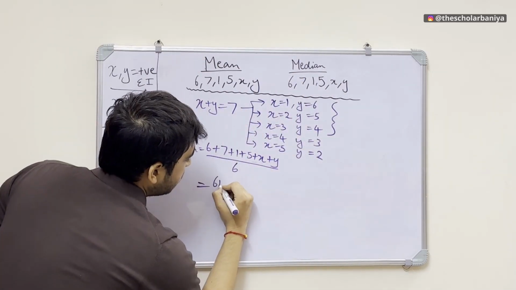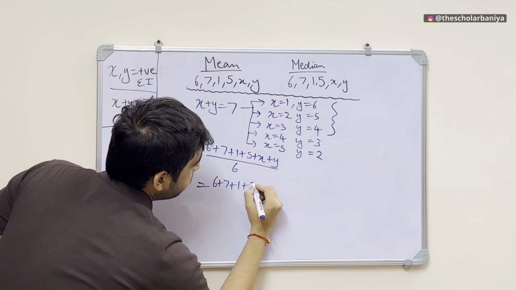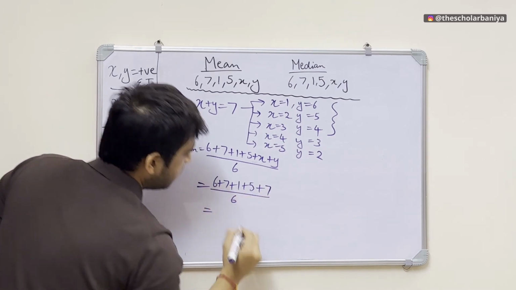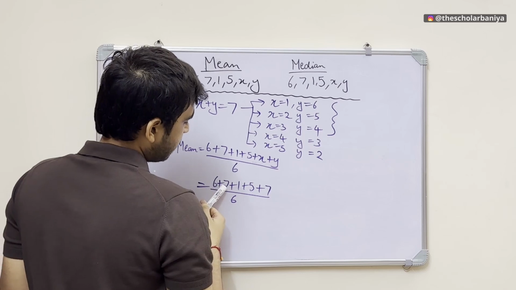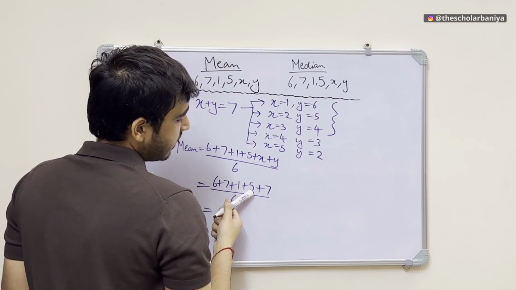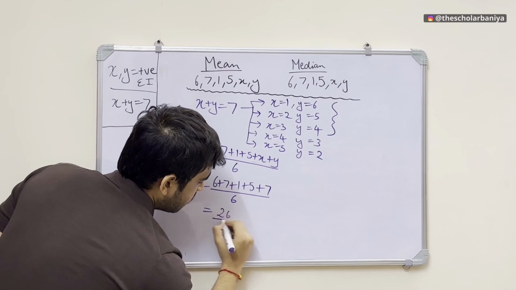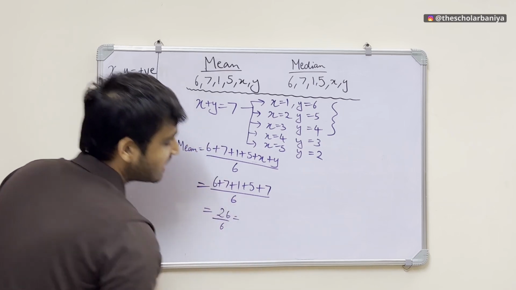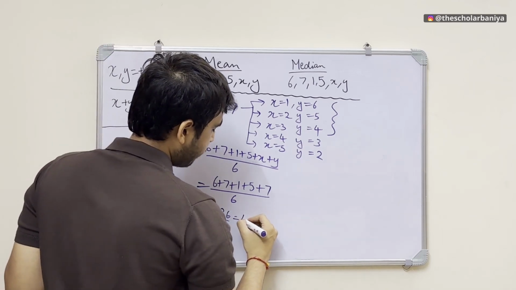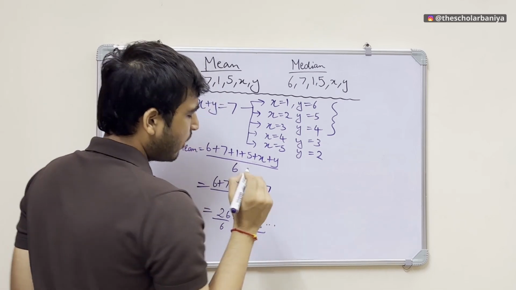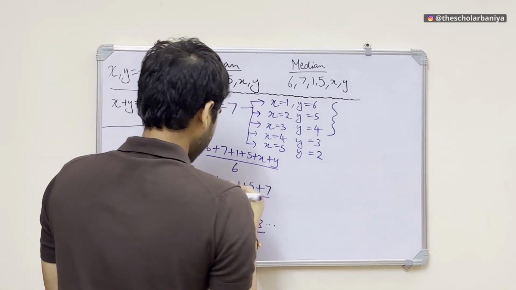So 6 plus 7 plus 1 plus 5 plus 7 upon 6, right? This turns out to be how much? 6 plus 7, 13, plus 1, 14, plus 5, 19, plus 7, 26 by 6. This comes out to be 26 by 6, right? Which is 4.3 something, right?